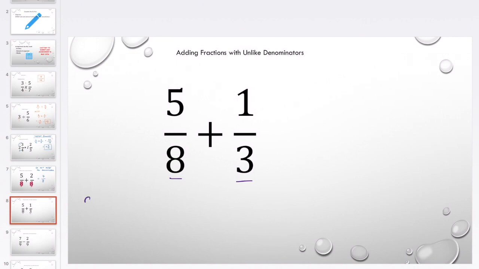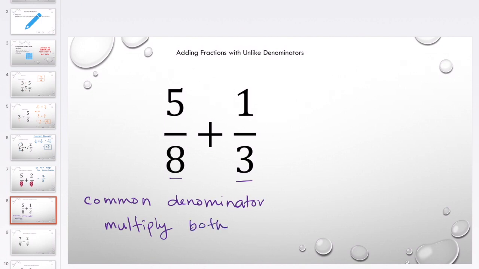How do I find a common denominator? The easiest step is to multiply both denominators. So I'm going to multiply 3 times 8. I'm going to get 24.